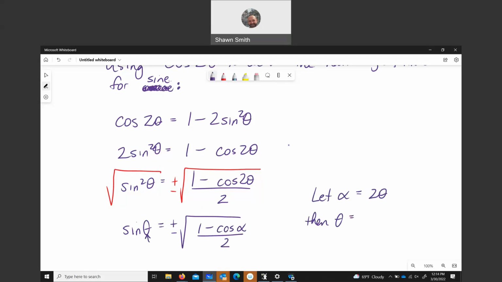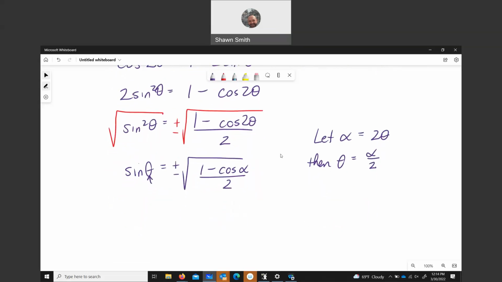Then theta is alpha divided by 2, right? So there's our formula. The sine of alpha divided by 2, we just changed our letters from thetas to alphas now. Still an angle, right? Is either the plus or the minus, not both. So we're going to have to choose one.